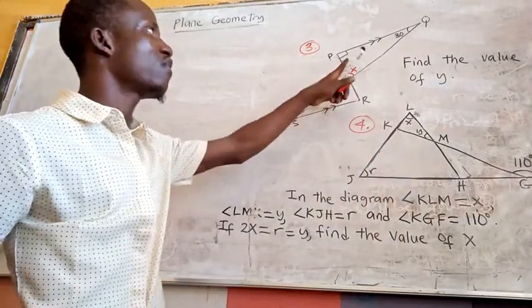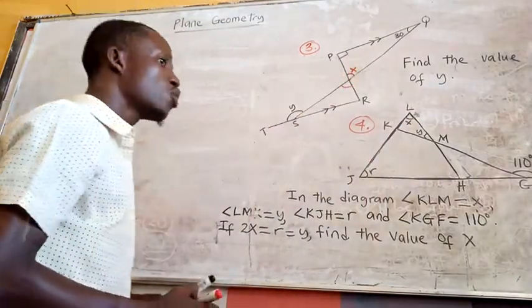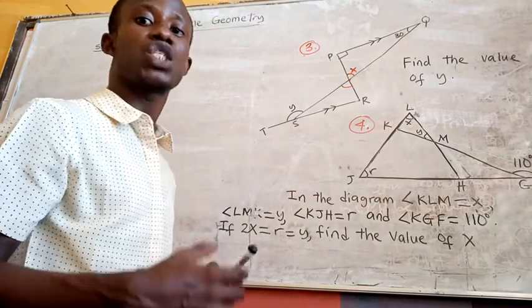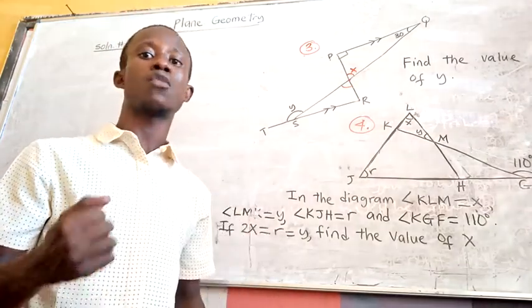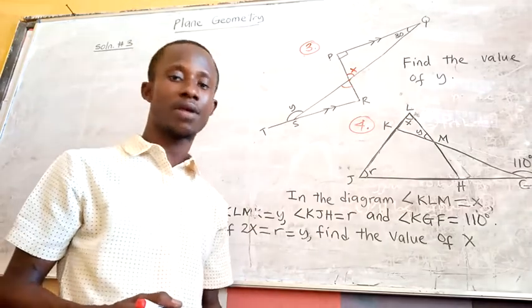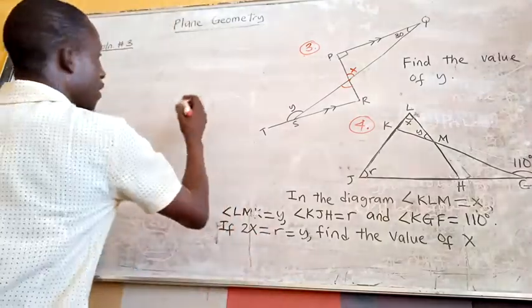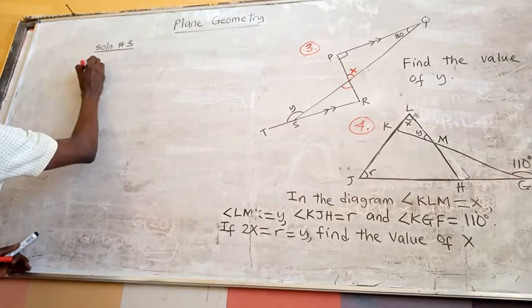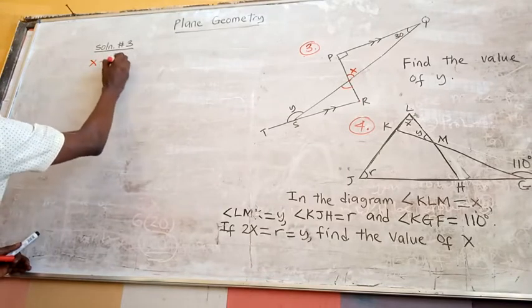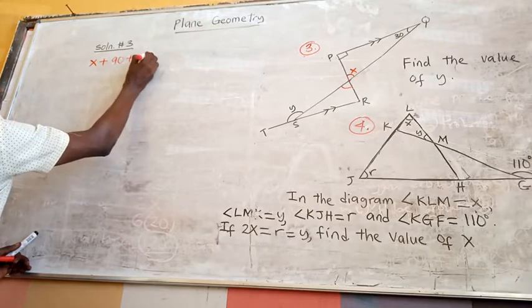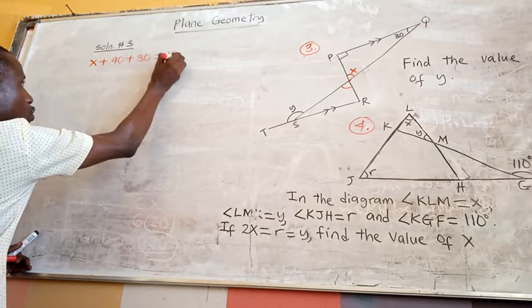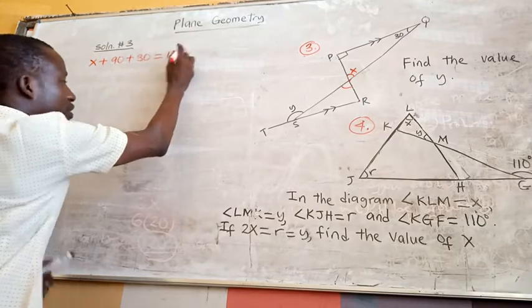So we need to find the value of x first. We know that the sum of all the interior angles within a triangle should always sum up to 180 degrees. So here we have x plus 90 plus 30 equal to 180 degrees.